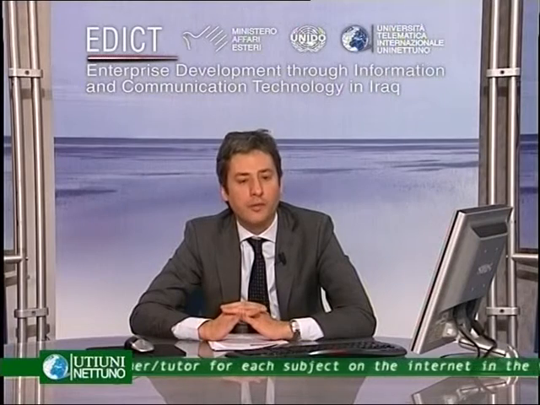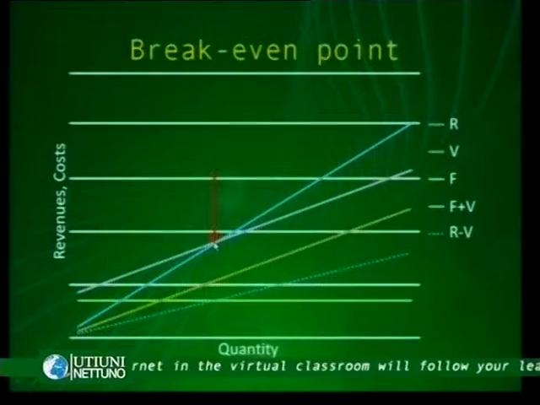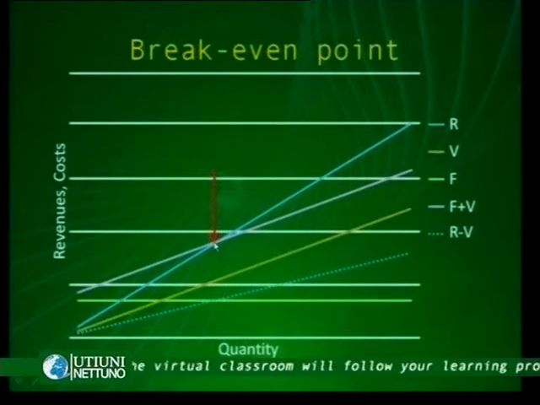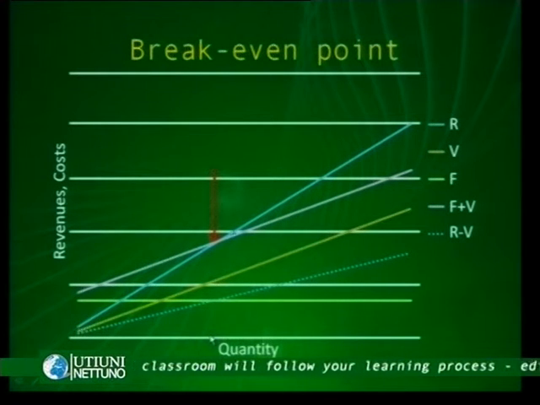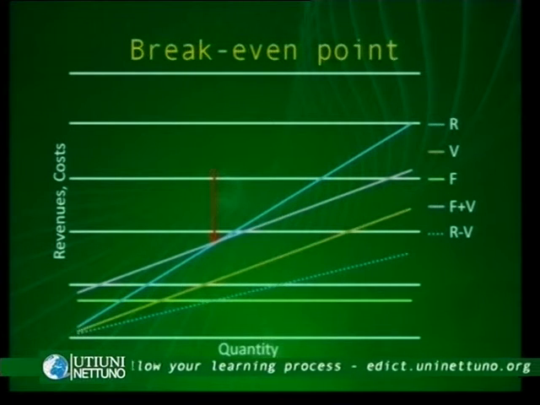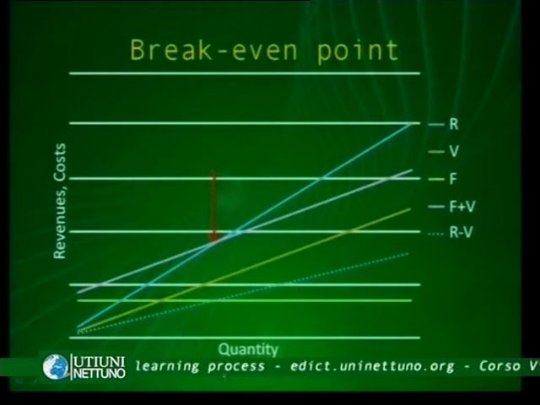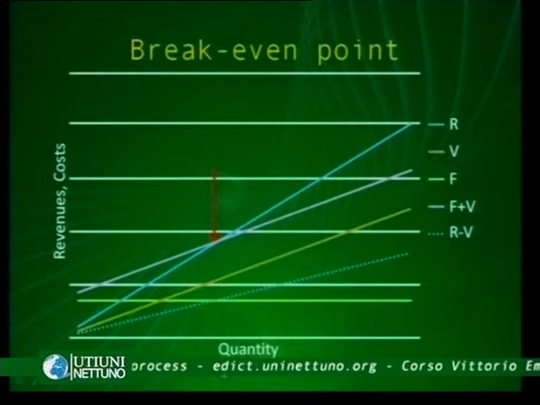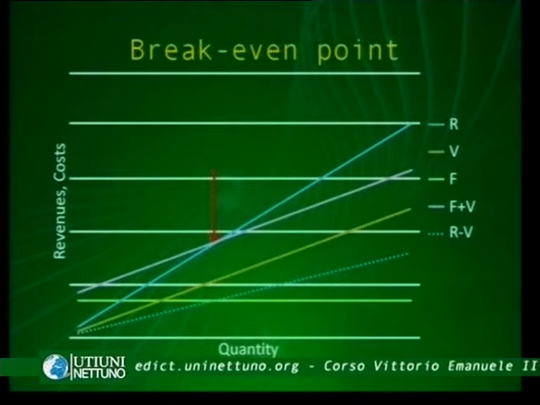Or in other words, it is the minimum level of production that the project has to attain in order not to incur losses. This means that if we expect that there is high probability that the quantity of products sold by the project in a given year is lower than the break-even point, there is high risk that the project will generate losses.